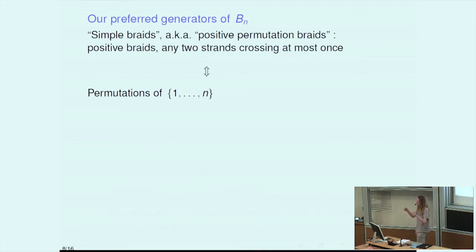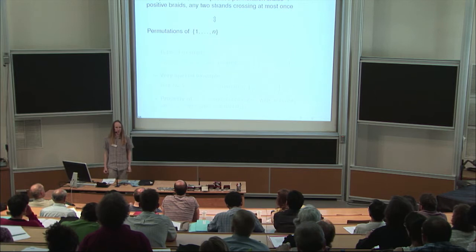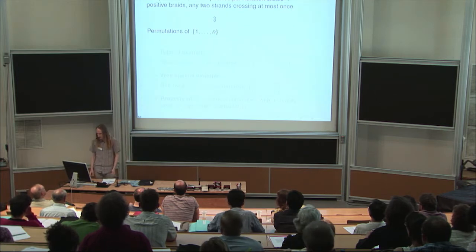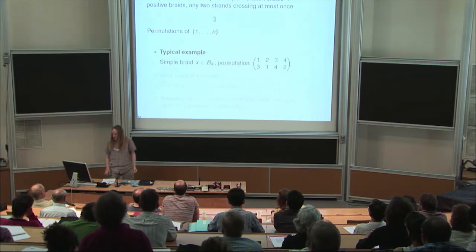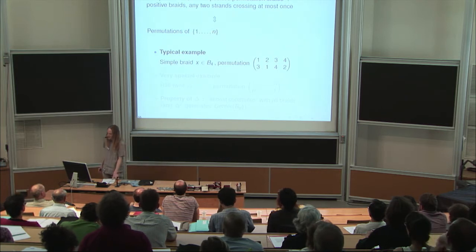By definition, these are braids with only positive crossings where any two strands cross at most once. The set of braids is in bijection with the set of permutations of the numbers 1 to n, hence the name. Let me give you a typical example to see how that works.